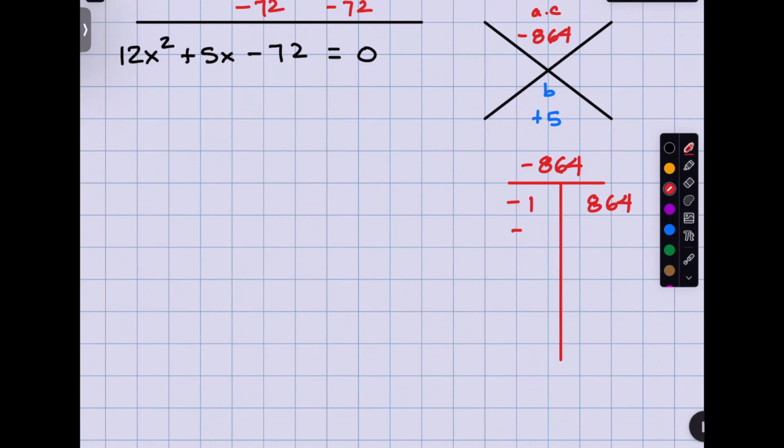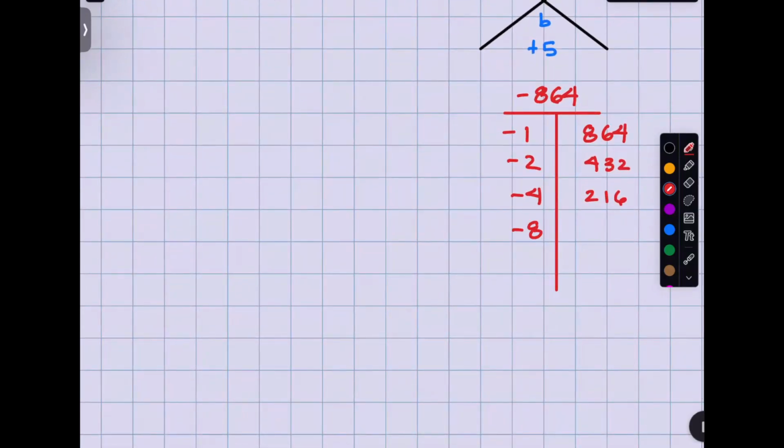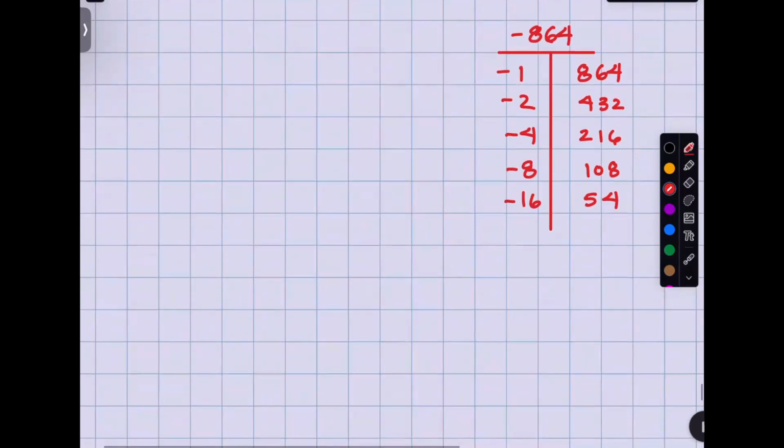Negative 2, 432. Negative 4, 216. Negative 8, 108. Negative 16, 54. Negative 32, 27.